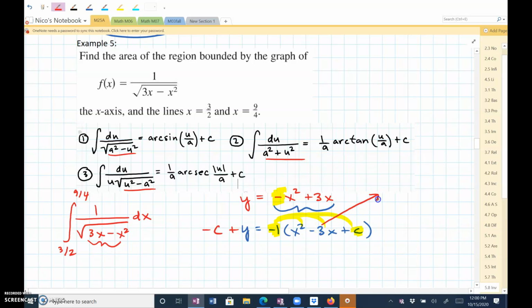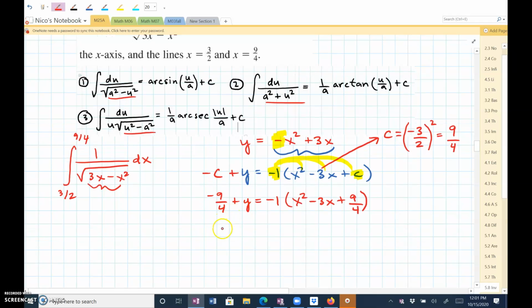Then to find c, you're going to take half of the middle term coefficient, and square it. So this is going to be 9/4. So now everywhere there's a c, you're going to put 9/4. And then we can factor here.